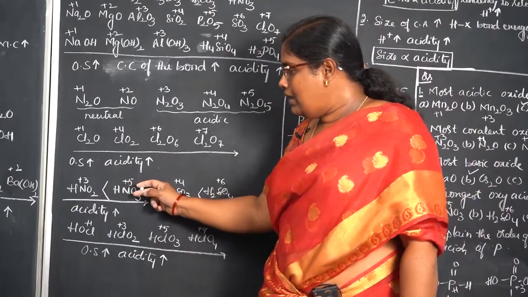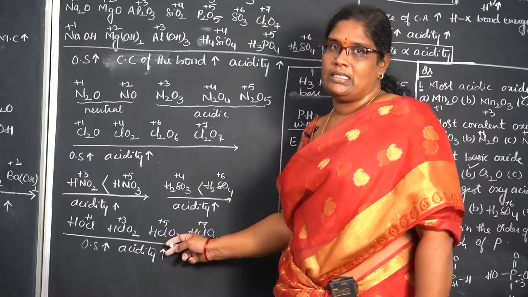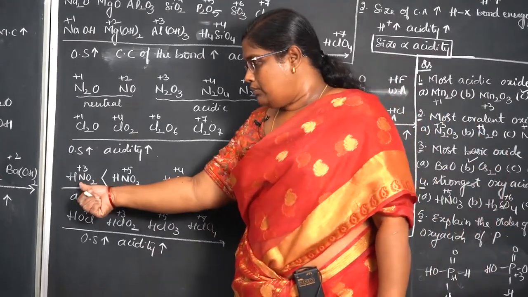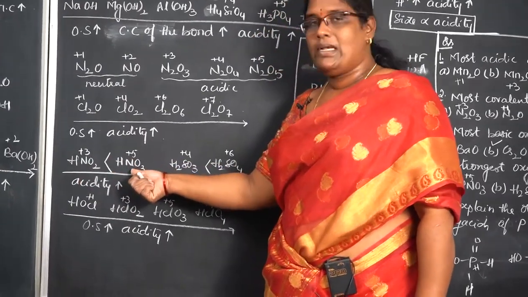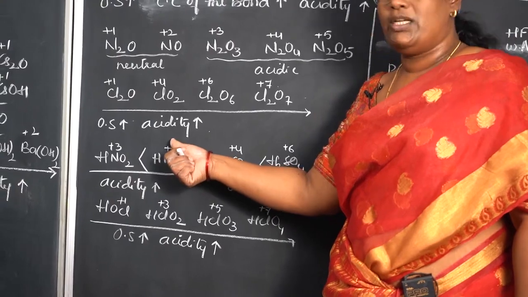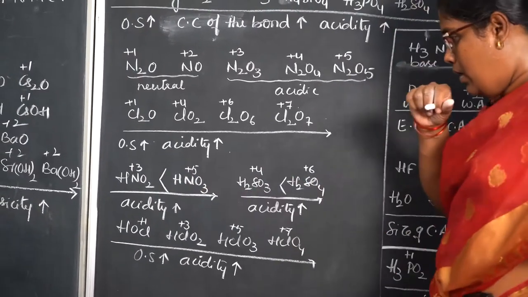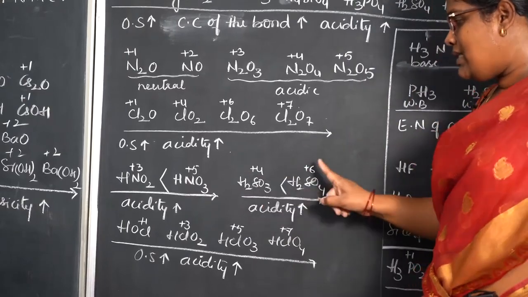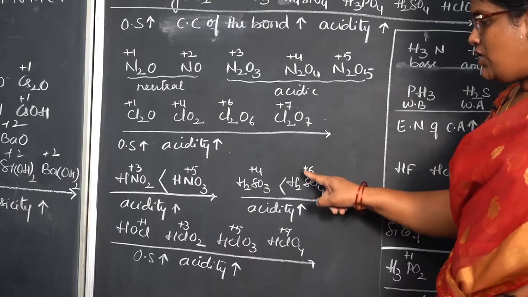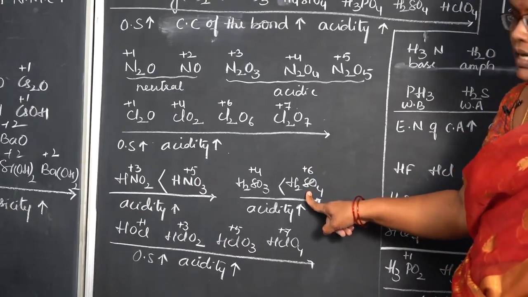Similarly, I am taking the hydroxides, or I can call them oxyacids. Nitrous acid, nitric acid. Nitric acid has higher oxidation state of nitrogen, so more acidic. Sulfurous acid, sulfuric acid. Higher oxidation state of sulfur in sulfuric acid, therefore more acidic.